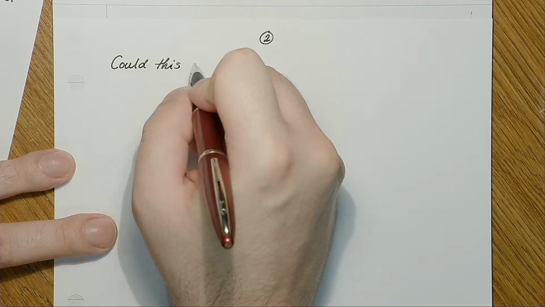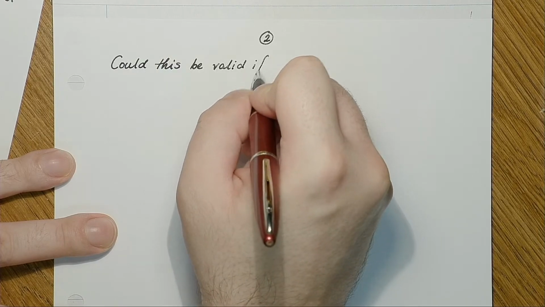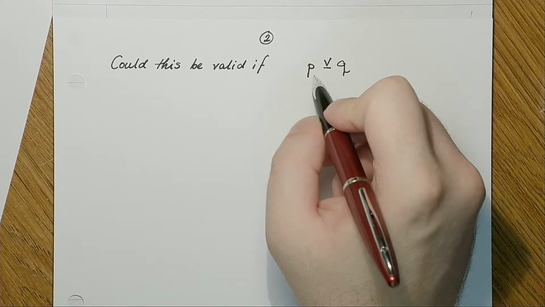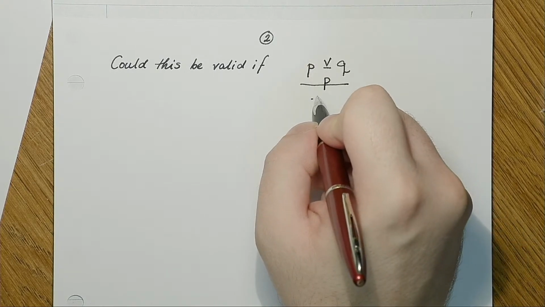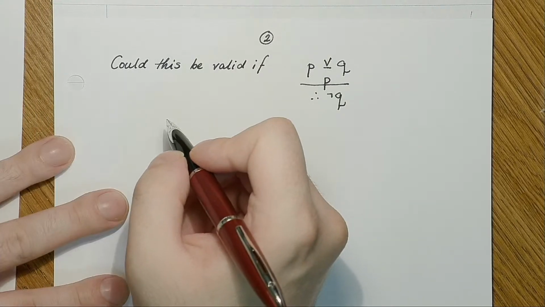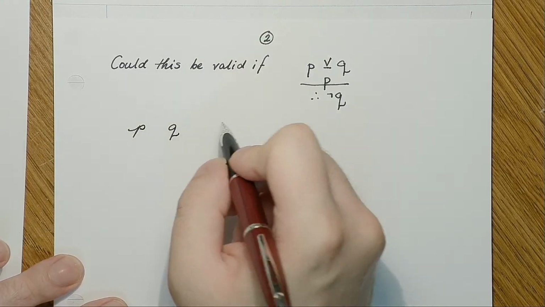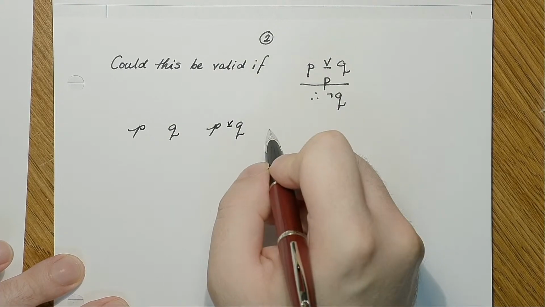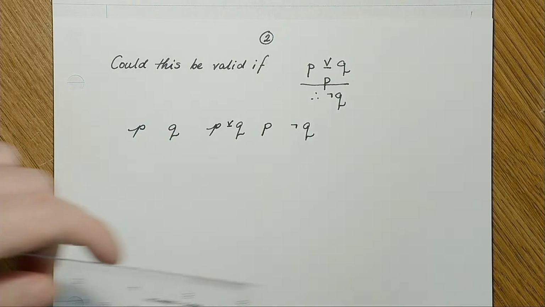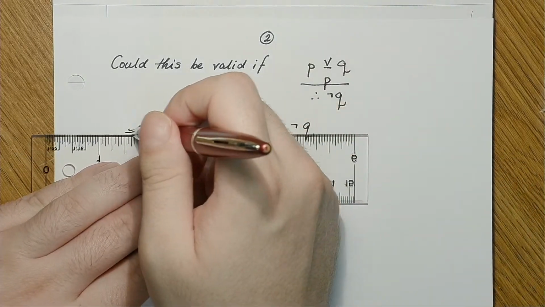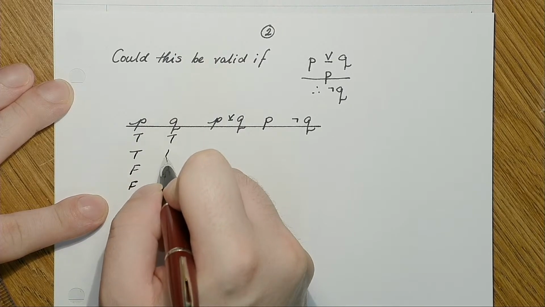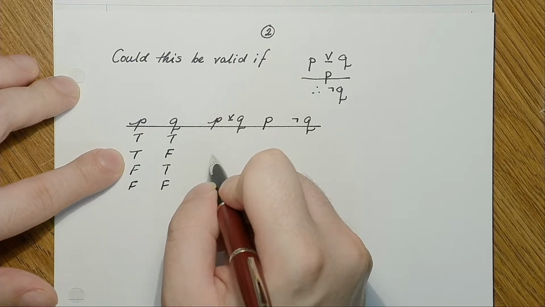Instead of just the regular disjunctive, what if we use the exclusive, then P, therefore not Q. We can write out our truth table, P, Q, using the exclusive, then P and not Q. Again, it's only when one of them is true.